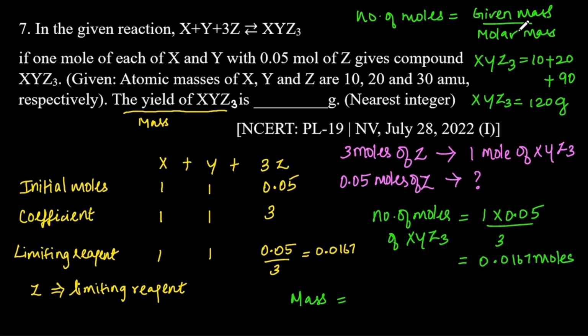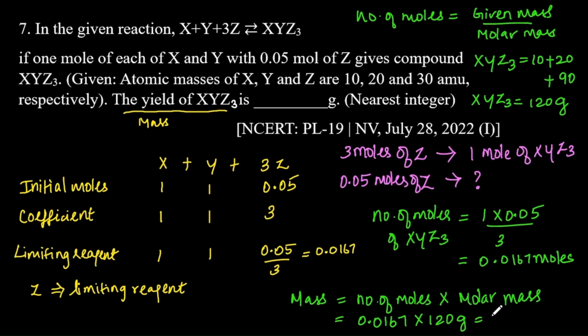Given mass is equal to, you take the molar mass to the left hand side, so number of moles multiplied by molar mass. The number of moles we got from calculation is 0.0167 and molar mass we have calculated as 120 gram. So when you multiply this, you will get the answer as 2.004 gram, which we can write as 2 gram. So the answer is 2.